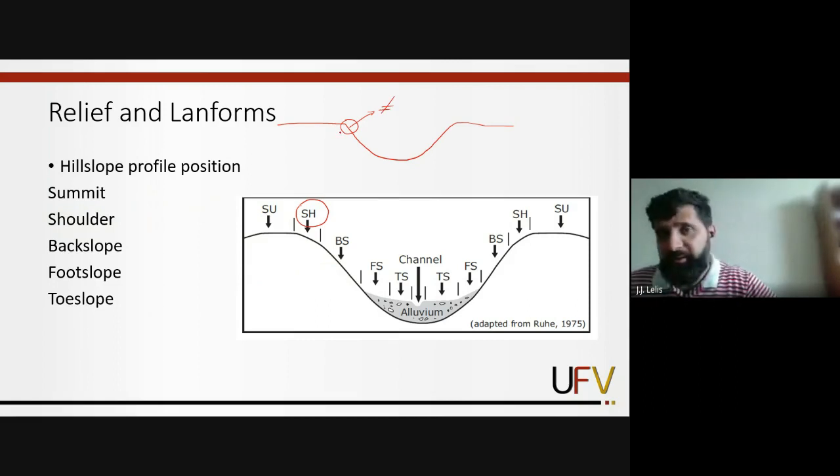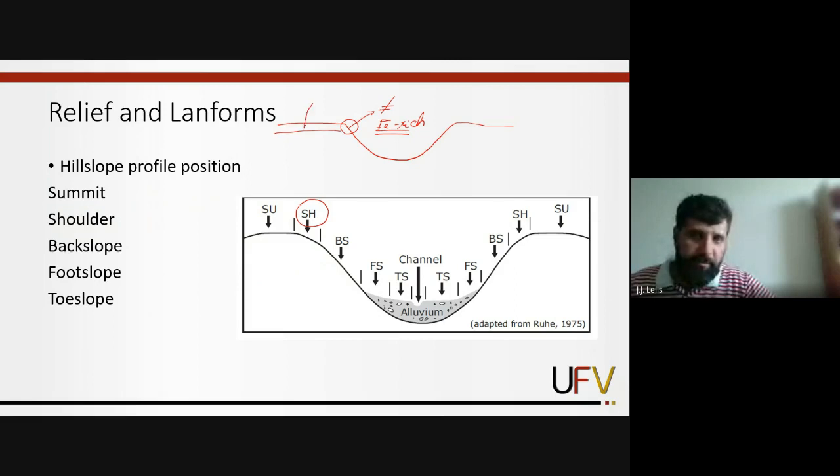In Brazil and even in Africa, it's quite common to identify in the shoulder iron crusts, iron-rich materials that represent a layer of highly resistant materials, so we don't register deep weathering or erosion, and it sustains all this landscape, all these highlands, okay, all this summit.